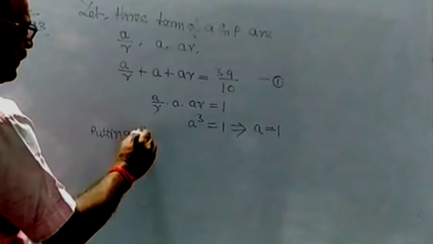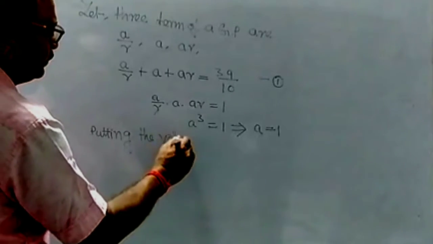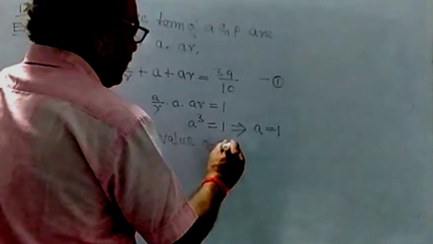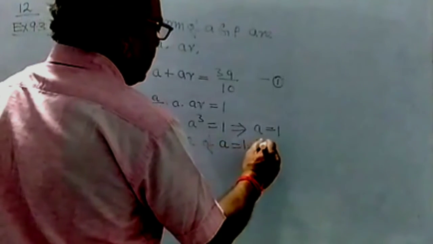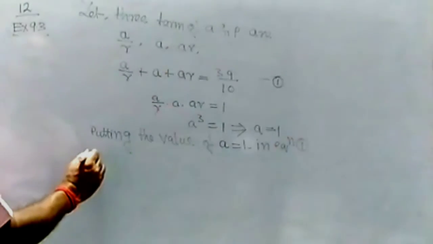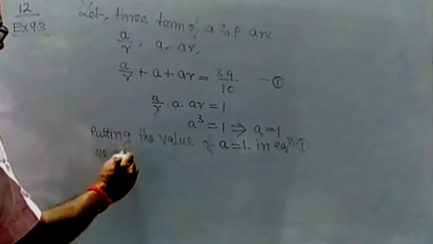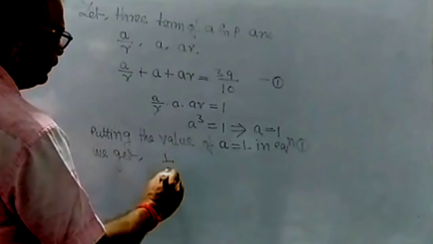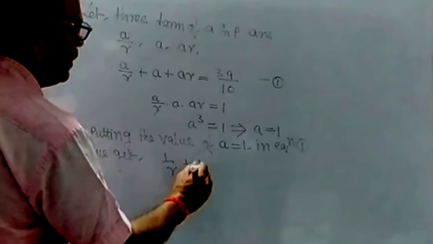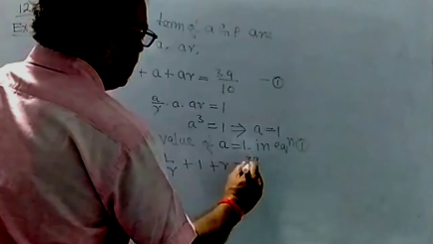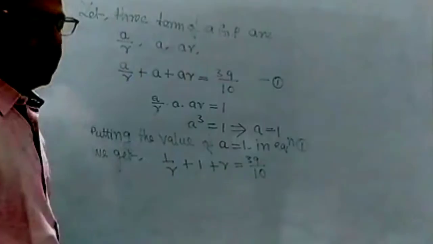So now putting the value of a equal to 1 in equation 1, we get 1 by r plus 1 plus r equal to 39 by 10.